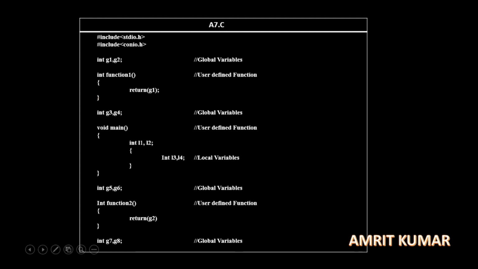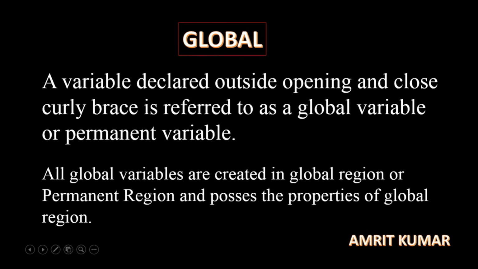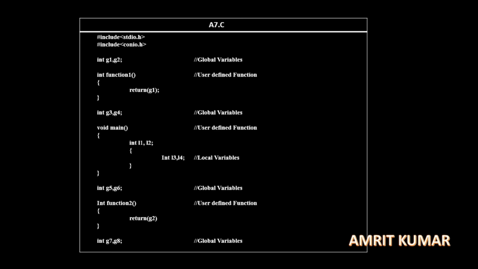What does global variable mean? A variable declared outside the opening and closing curly braces is referred to as a global variable, or we can say a permanent variable. So it can be accessed from anywhere.